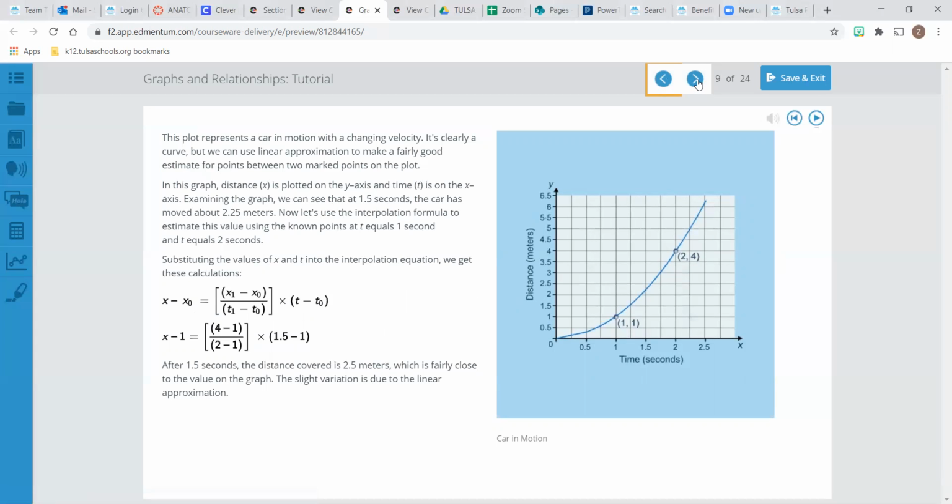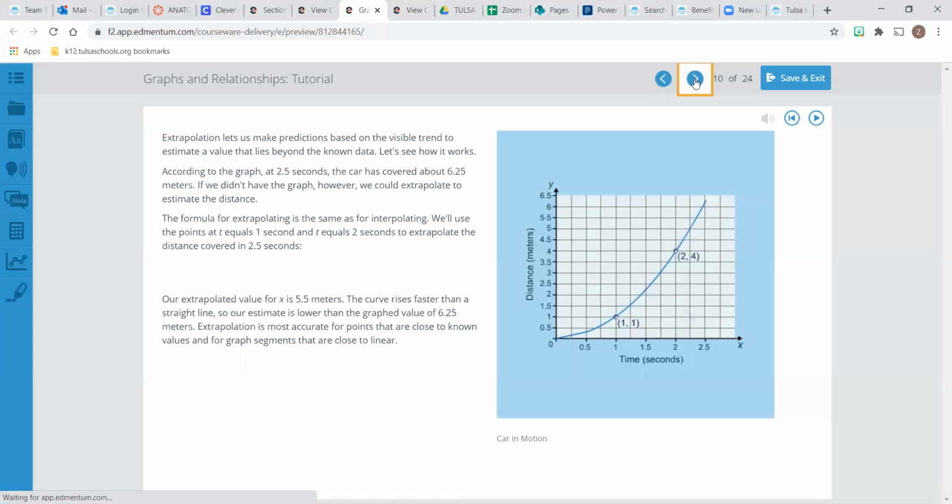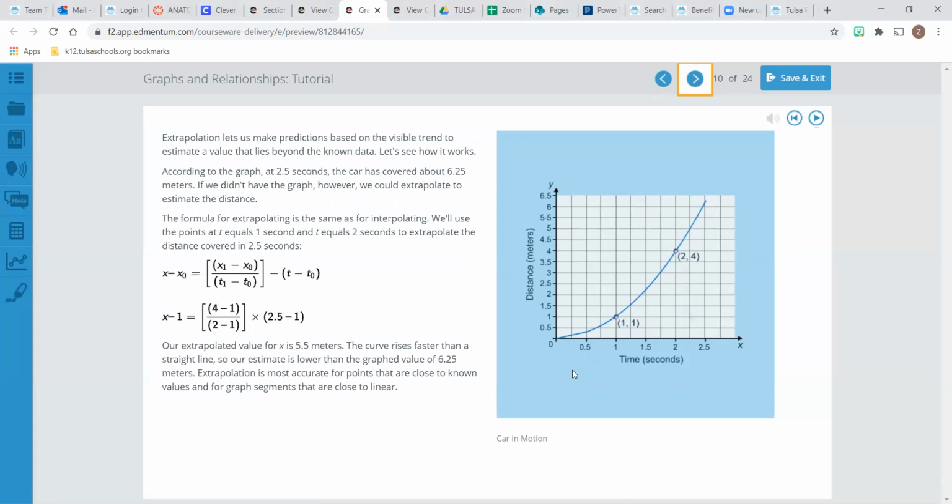So this was an example of interpolation, because you were looking for the point between 2 points you already know. And this is extrapolation. Okay, you're looking beyond. According to the graph, at 2.5 seconds, the car has covered about 6.25 meters.